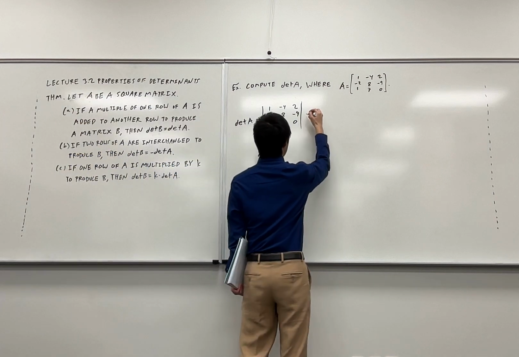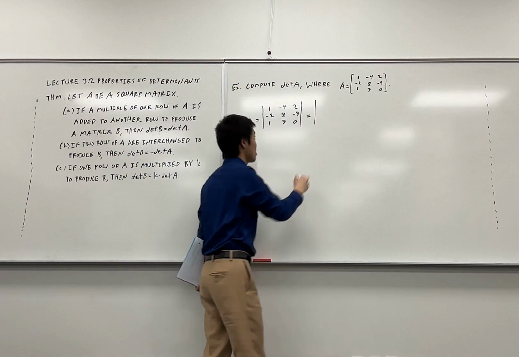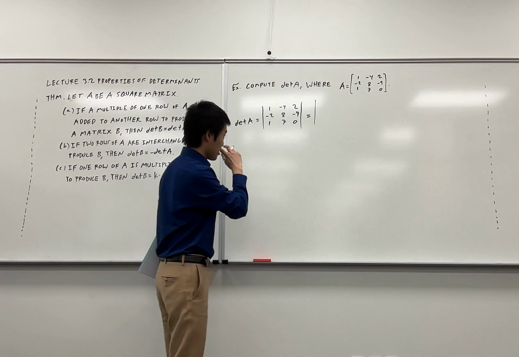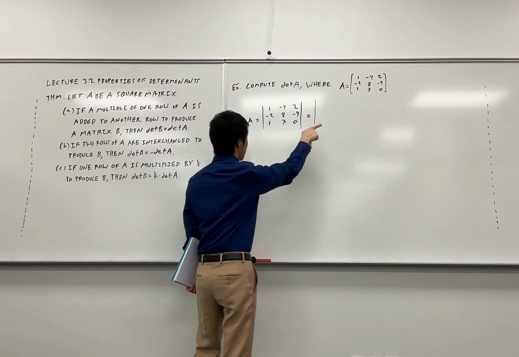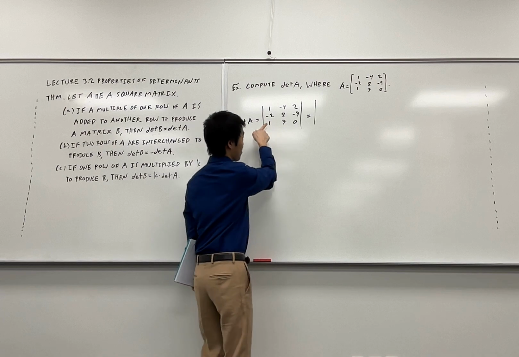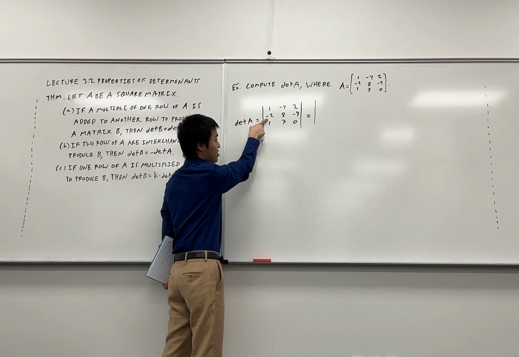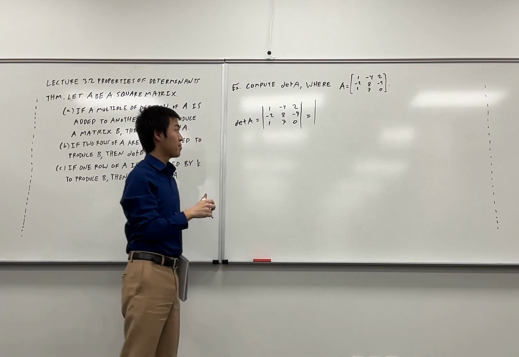So the determinant is going to be the same so long as all I do is row replacement. The kind of row replacement I'm going to do in between these steps is zero out this minus 2, zero out this 1.